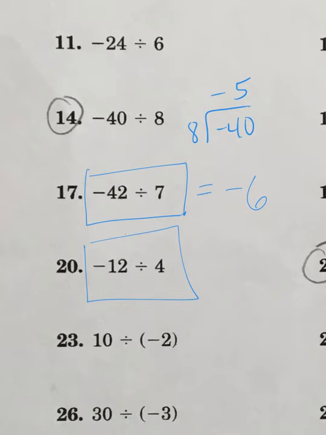Alright. -3. Yep. And 23. Michael. 23. That could be a negative, right?